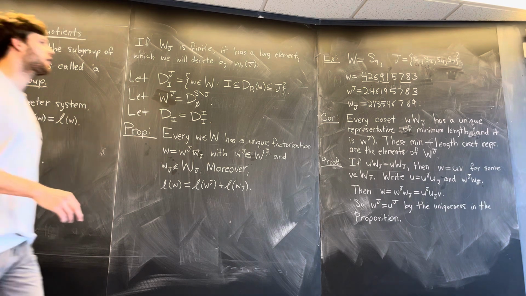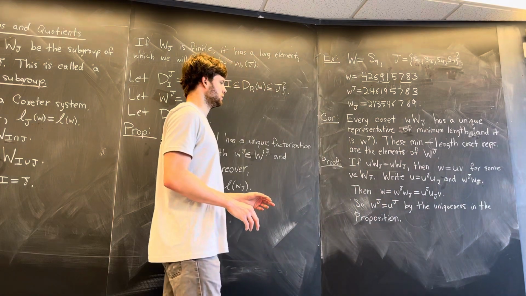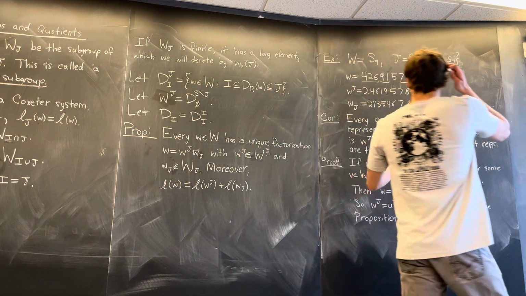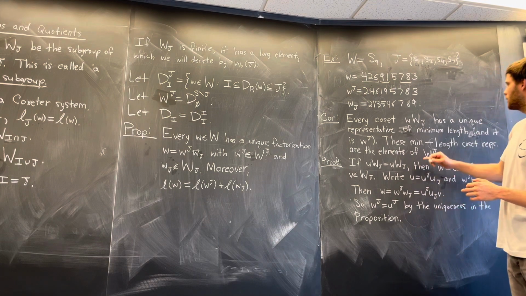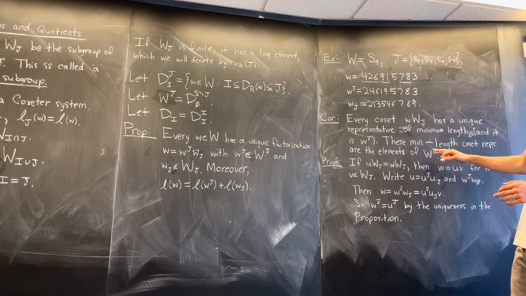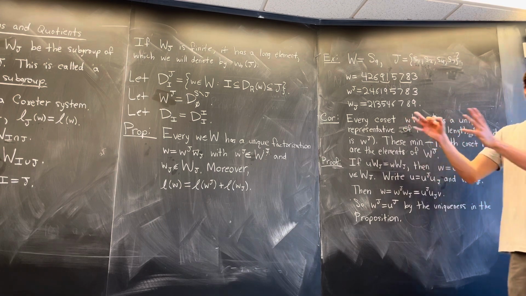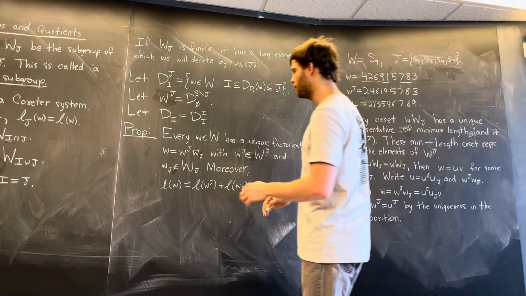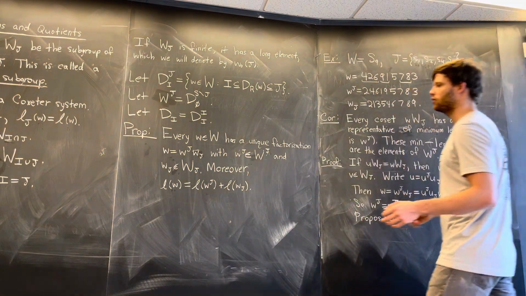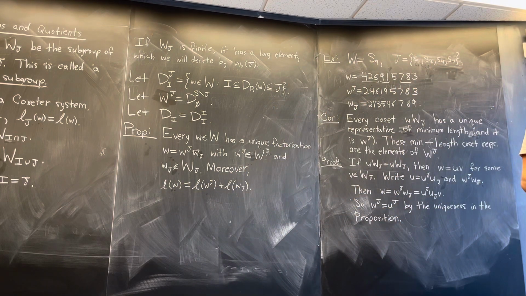And okay, so I guess the reason that it's minimum length is because, well, if I had something that was not already this element W superscript J, then I could factor it as W superscript J times some other thing, and the length of that element would be bigger than the length of W superscript J. So the reason that the minimum length here is showing up is just because of the length additivity. Okay, does that make sense?